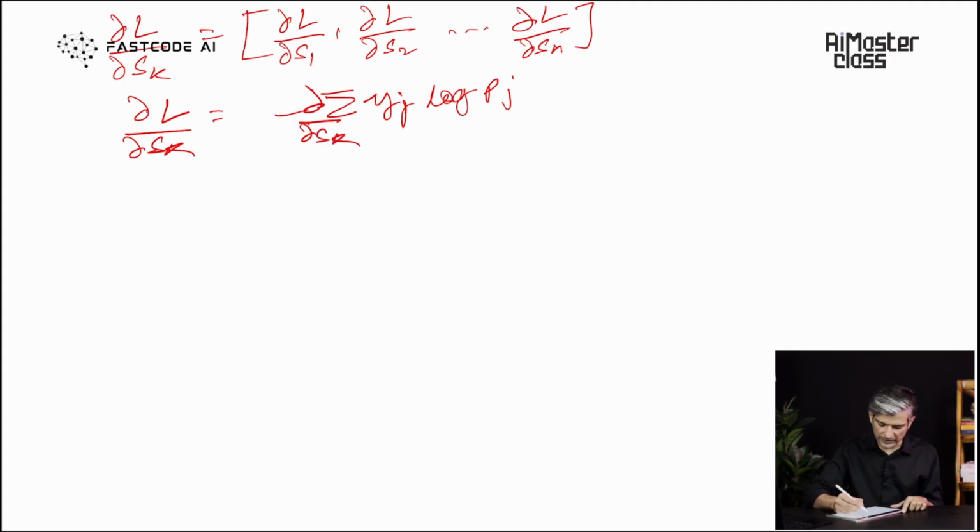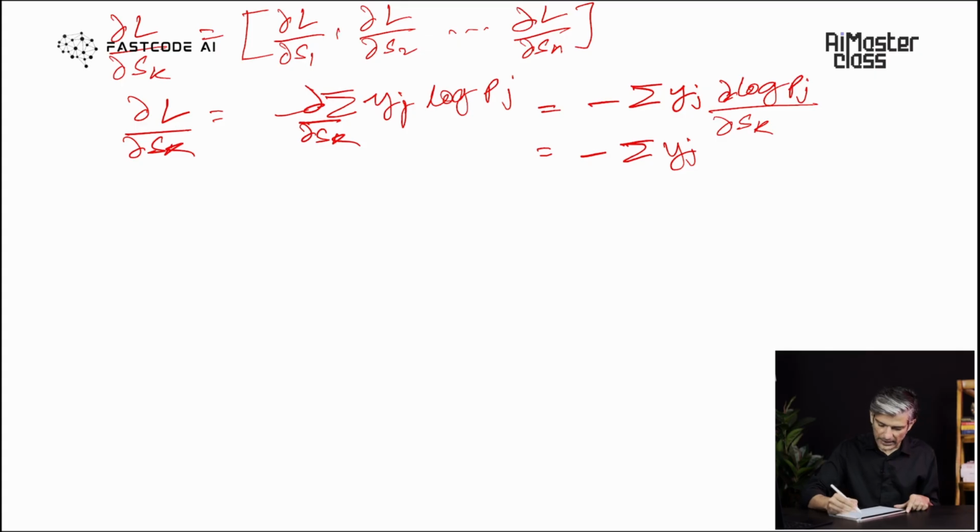Let us just take it inside. So, it is negative, and yj is a constant, so we do not differentiate it, nothing happens, and we can take it outside. So, it is the derivative of log pj with respect to Sk. What happens when you differentiate a log?